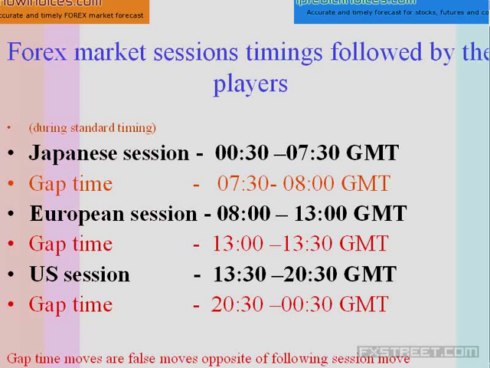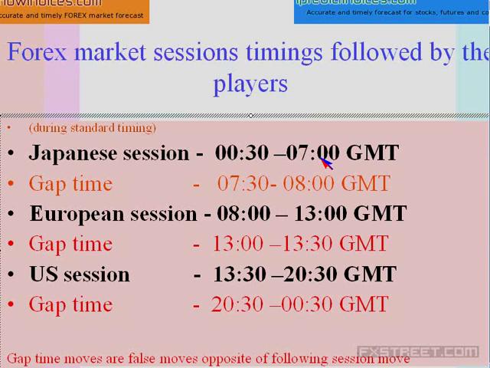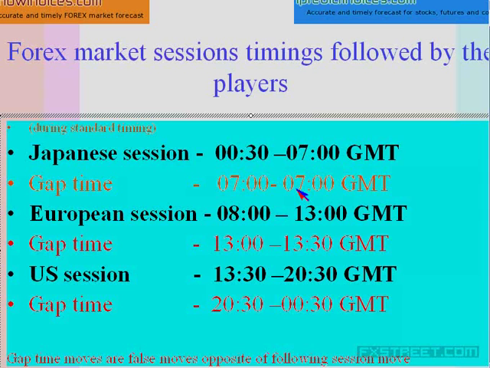Now, before going to that of the market, I wanted to give you the market timings. Japanese session is between 0030 to 7:30 GMT. Then the gap time is from 7 to 7:30 GMT.